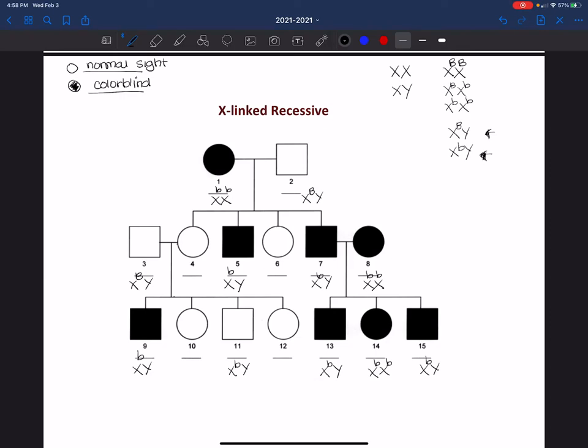Then just like we did in the autosomal dominant example, I'm going to put both possible genotypes for the normal female. She can be homozygous normal, or she could be a carrier, which means she can pass it on to her offspring and still have normal sight.